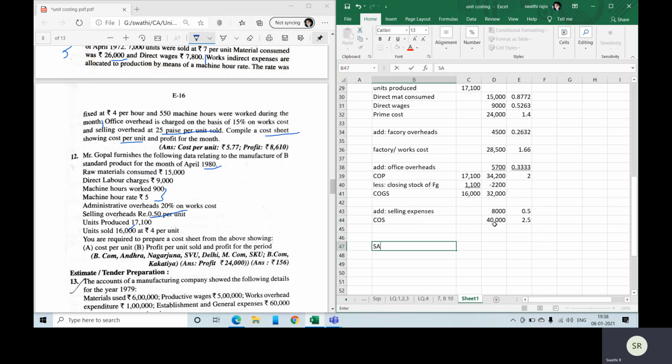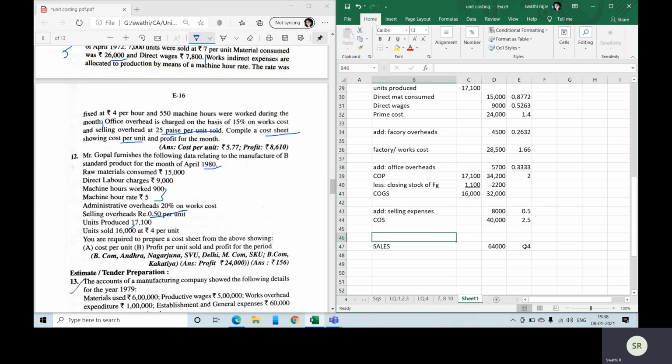But that's not what is expected of you. Sales. How much? 16,000 units you sold for 4 rupees per unit. So 64,000. So the actual cost, whatever you have incurred, guys, is only 40,000, and you're actually selling it for 64,000. That is definitely quite a good deal.